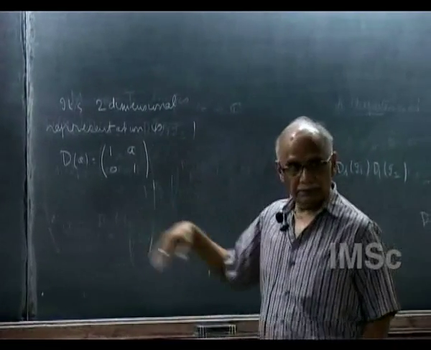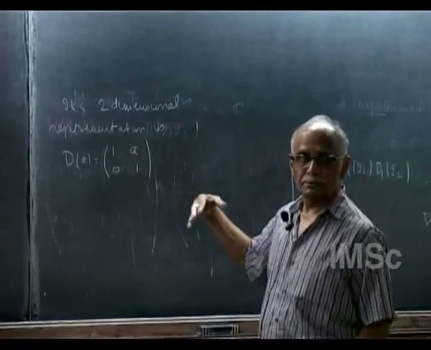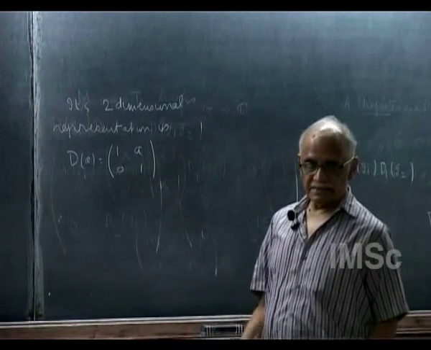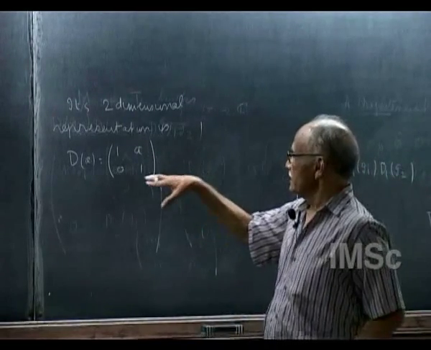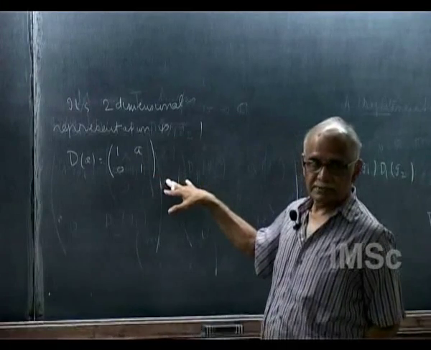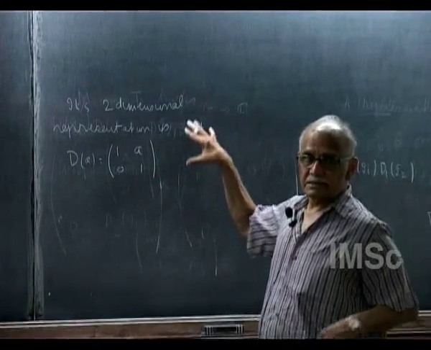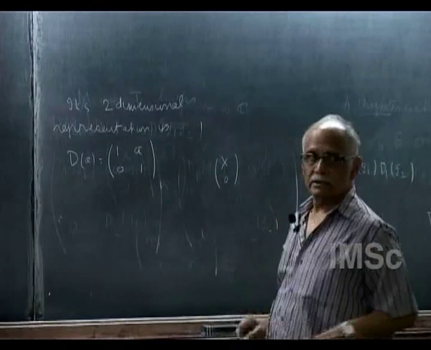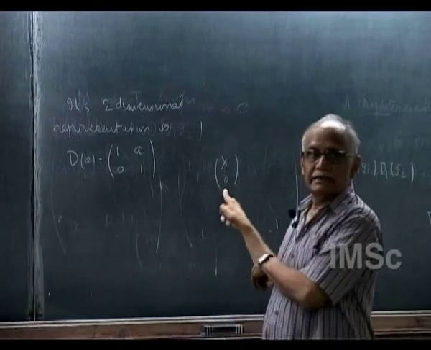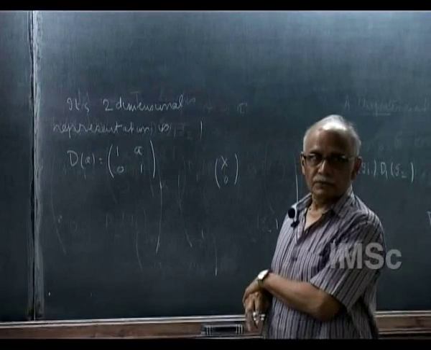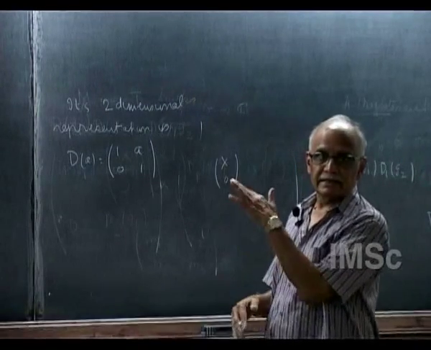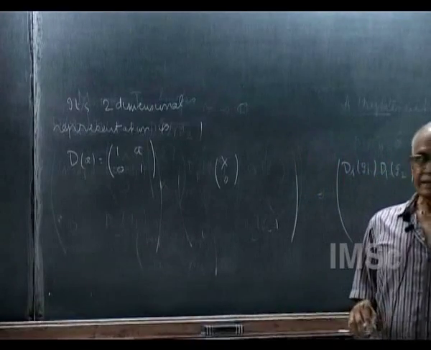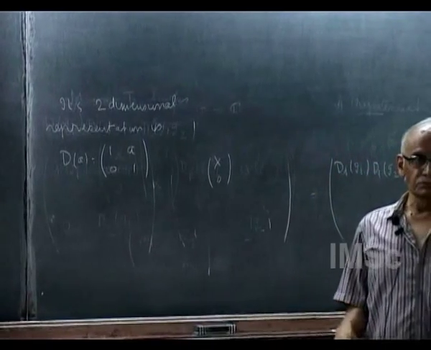I will prove to you a little bit later that there is no choice of basis where this entry can be made 0. This is acting on a 2-dimensional space, and there is an invariant subspace, namely the vectors of the form (x, 0). Can I find some complementary subspace in such a way that the off diagonal entry becomes 0? We shall see that this is not possible. I will prove it to you.